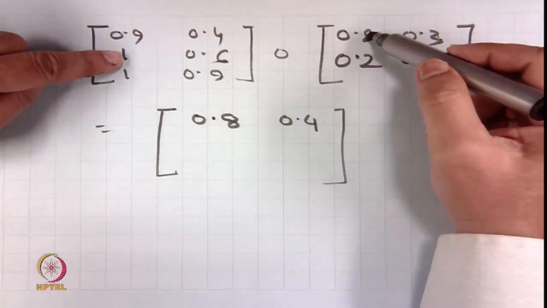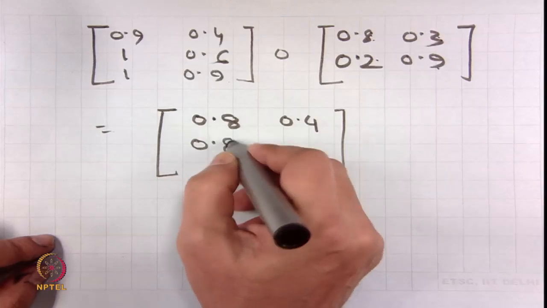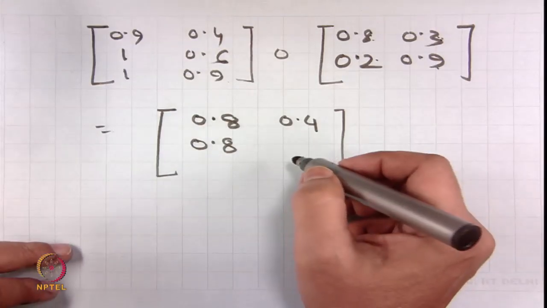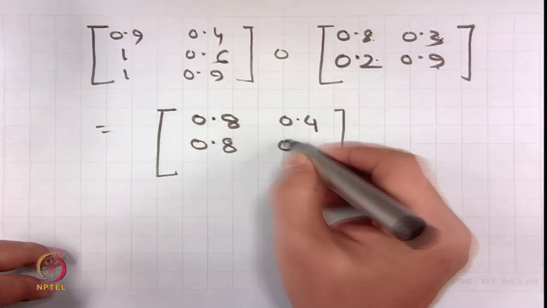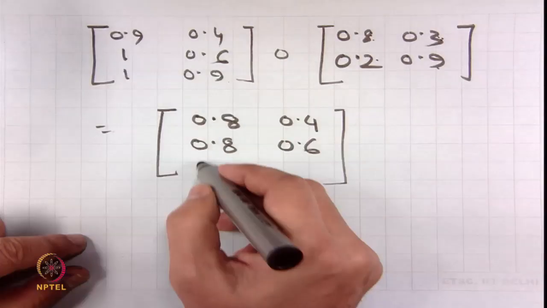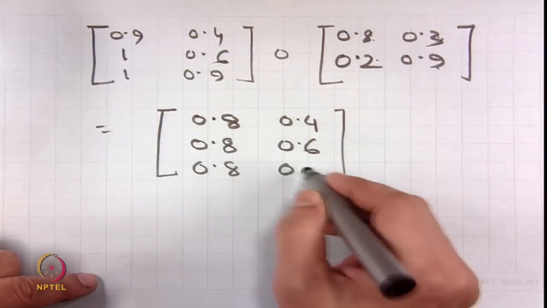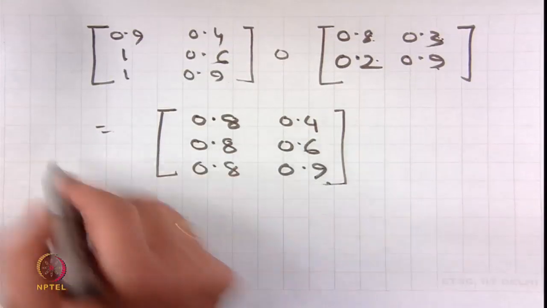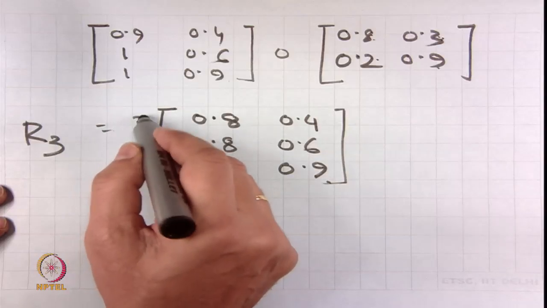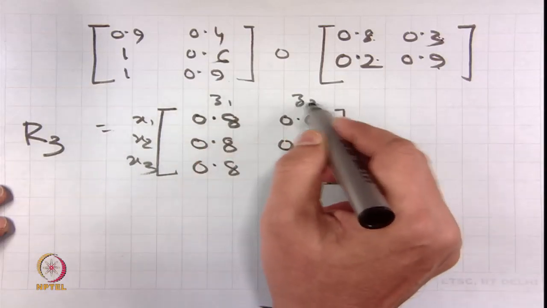Similarly, minimum here is 0.8, minimum here is 0.2. Therefore, maximum is 0.8. Then 0.3 and 0.6, so maximum is 0.6. Then 0.8 and 0.2, maximum is 0.8, and 0.3 and 0.9, maximum is 0.9. Therefore, we get the strength of relationship between x 1, x 2, x 3 and z 1, z 2.